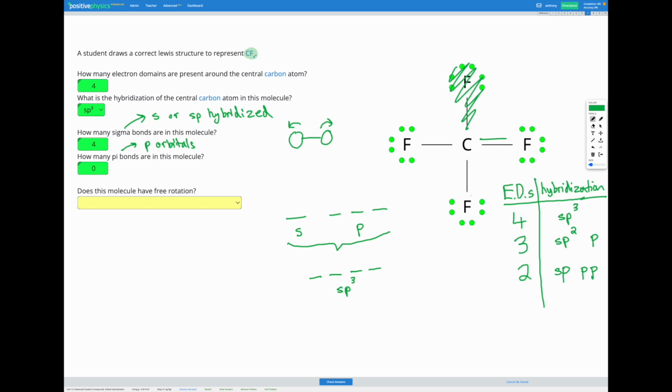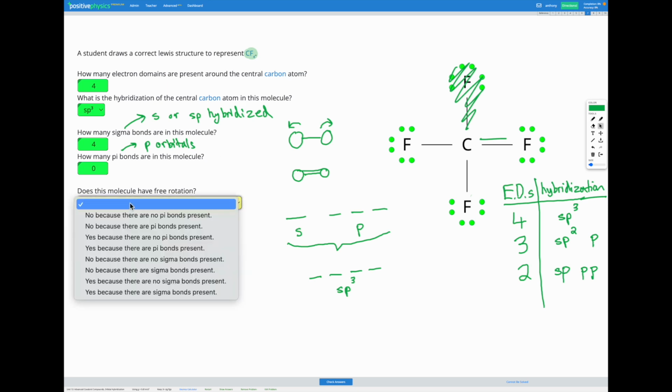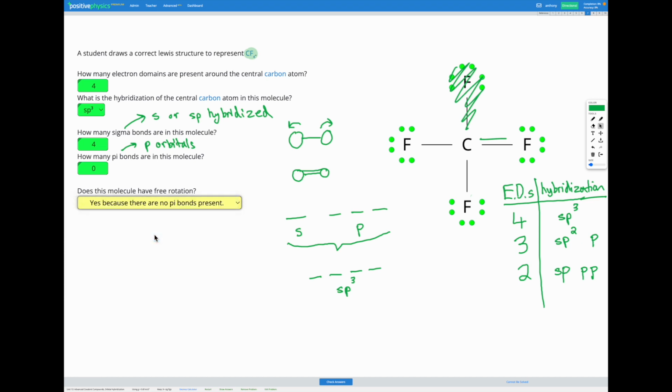Pi bonds are different from sigma bonds because of the shape of the p orbitals. When we have a double bond in there, it actually prevents any rotation from happening. So double bonds or triple bonds, because they contain pi bonds, cannot rotate. So in this question, our molecule does have free rotation. Yes, it does, because there are no pi bonds present.